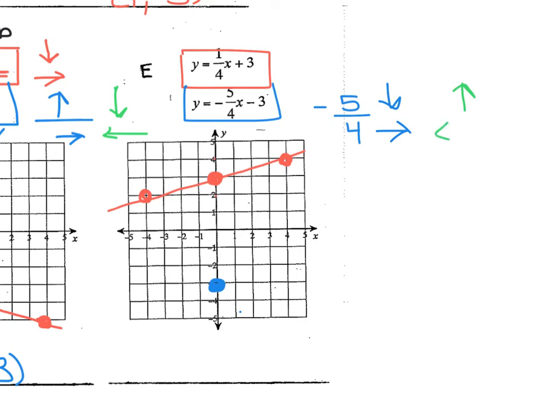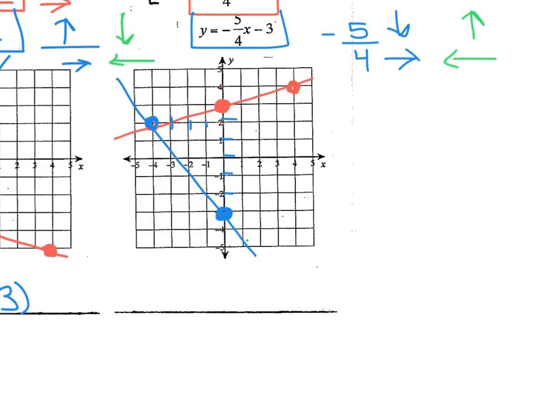Up 5, left 4. So let's go ahead and do that. 1, 2, 3, 4, 5. 1, 2, 3, 4. Okay, so as you can see, our lines do intersect at a point, and they cross at the point -4, +2.